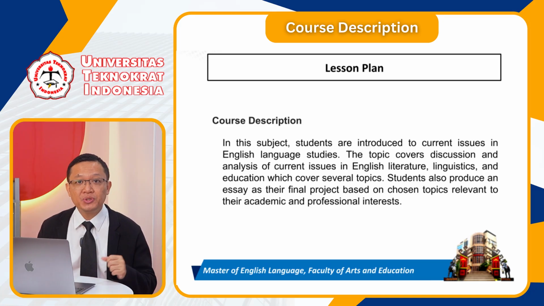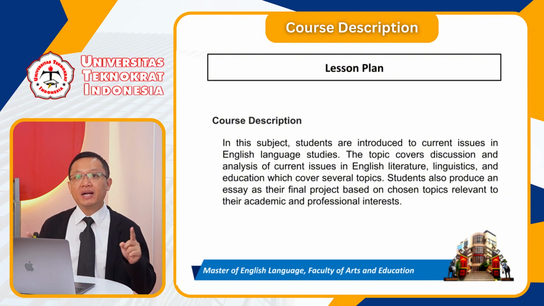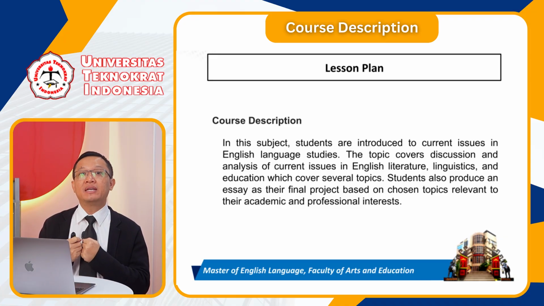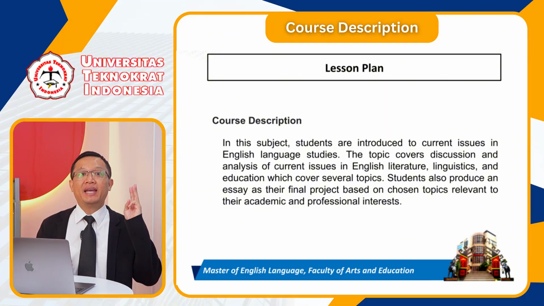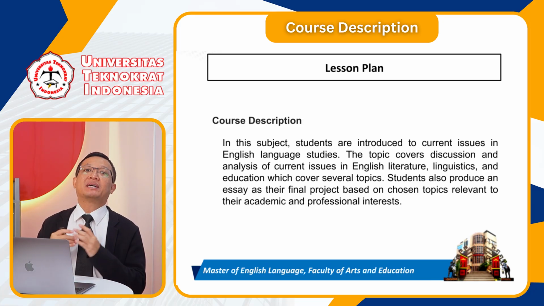In this subject, students are introduced to current issues in English language studies. So the topic covers discussion and analysis of current issues in number 1, English literature, number 2, English linguistics, and number 3, English education, which covers several subjects.